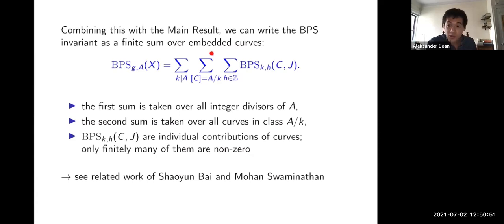Now the second sum is over all J-holomorphic curves which are embedded and represent the class A over k. These are finite sums, and this is by the main theorem. Then you count each of these curves with a certain weight. The weight depends on the genus and on the almost complex structure you chose. And even though this sum looks infinite, because we are summing over all integers, in fact, only finitely many of these will be non-zero.